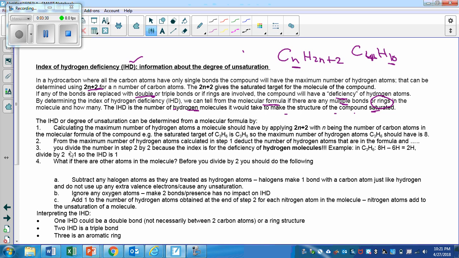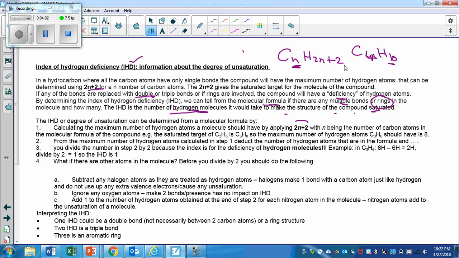So there are a couple of steps that you can take to calculate how many hydrogens it is short of. And by the way, when we calculate the hydrogen number, we are calculating it for a molecule, H2, not for the hydrogen atom. So to calculate the IHD, here are a few steps. The first step is calculating the maximum number of hydrogen atoms for a molecule. Based on n, I need to find out how many hydrogens I should have.